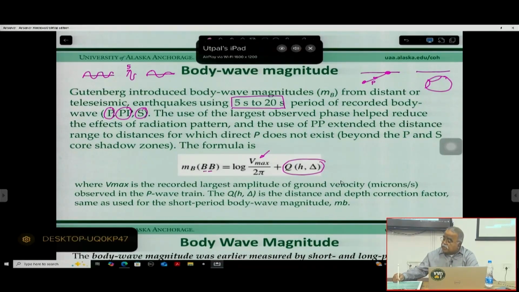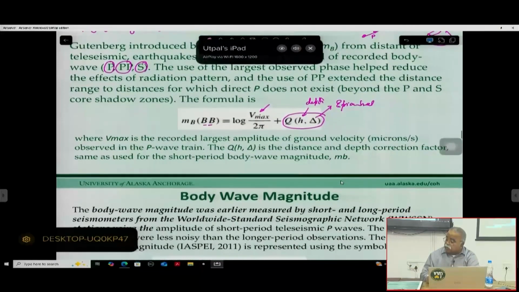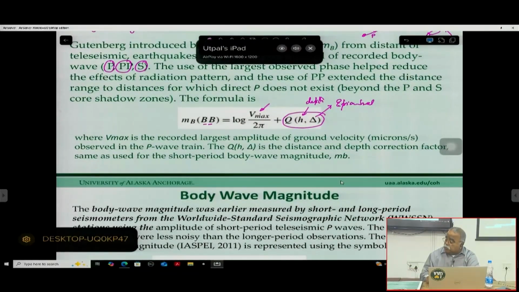Here h is the depth and delta is the epicentral distance. From the broadband data, which is from velocity sensors, you calculate the maximum velocity divided by 2 pi, and you can use that for the body wave magnitude calculation, right?